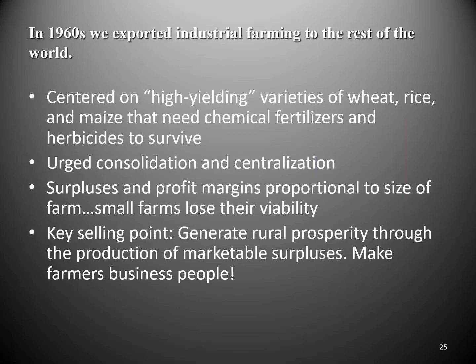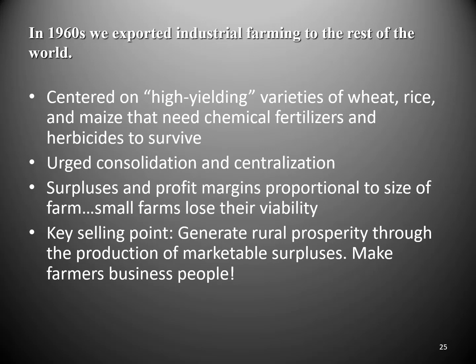In the 1960s, we exported our economic development, our new technology for industrial farming, the Green Revolution, fertilizer and hybrid seed, to the rest of the world as part of economic aid and development projects. And instead of growing things that naturally grew in these areas, for example, we'll look at a case study in Bali, Indonesia, where they exported the Green Revolution to.